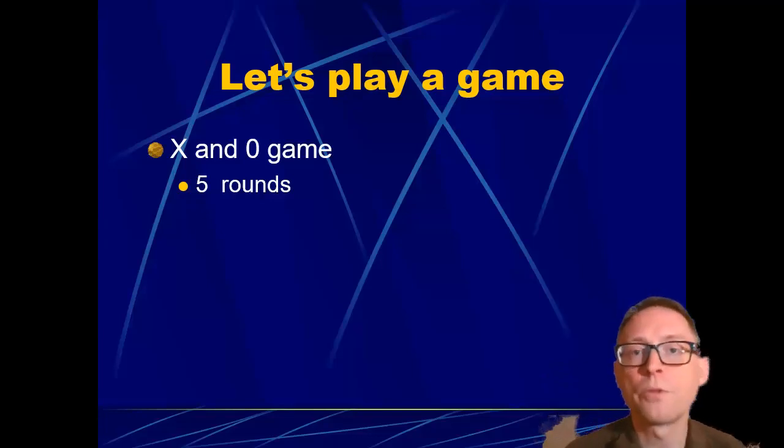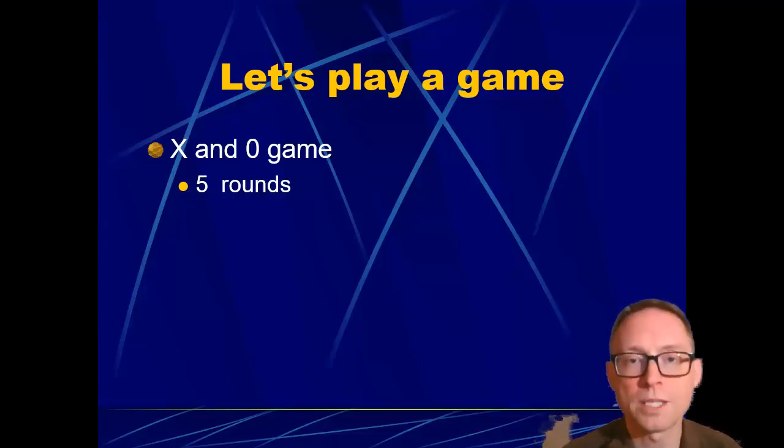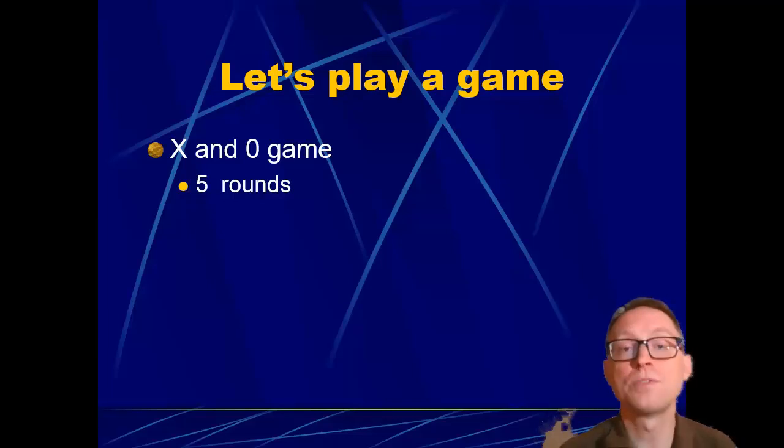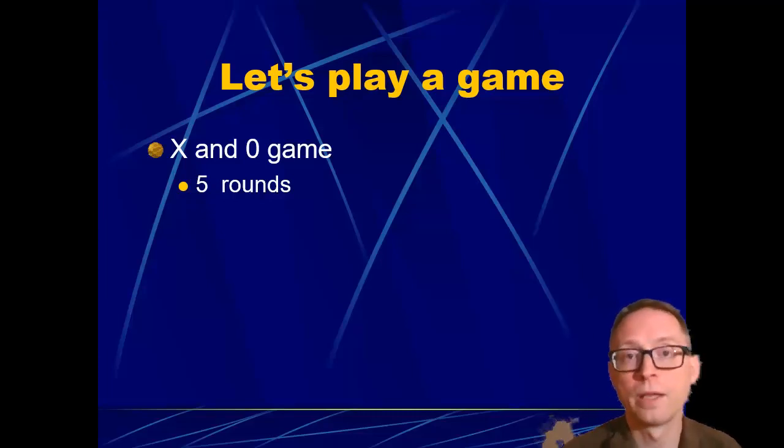So if we both give O's, we both get 10. If I give an X but you give an O, I get 15 and you get 0. But if we both give X's, we both get negative 10. All right? So let's go ahead and play this game.